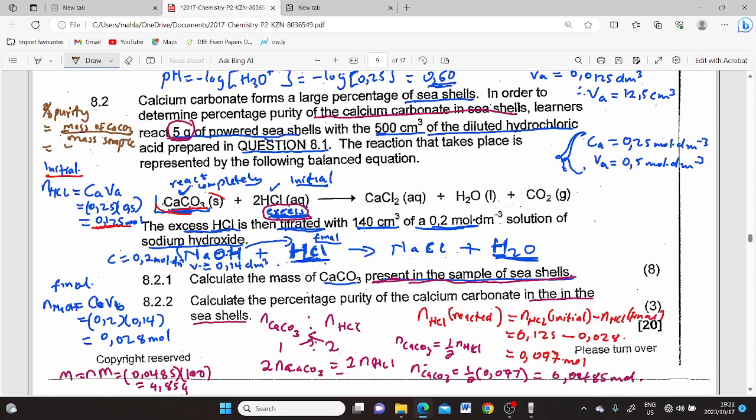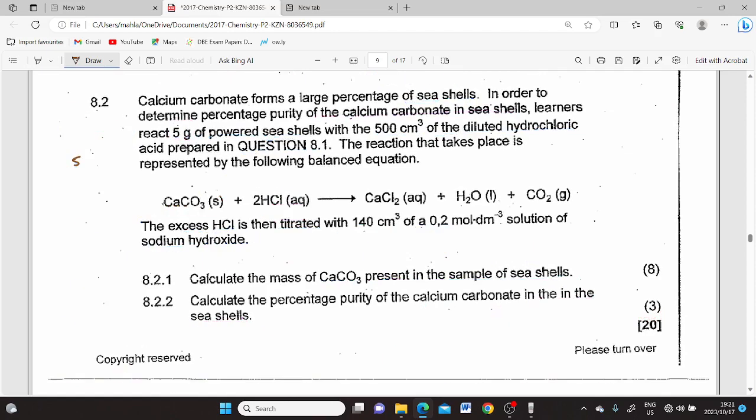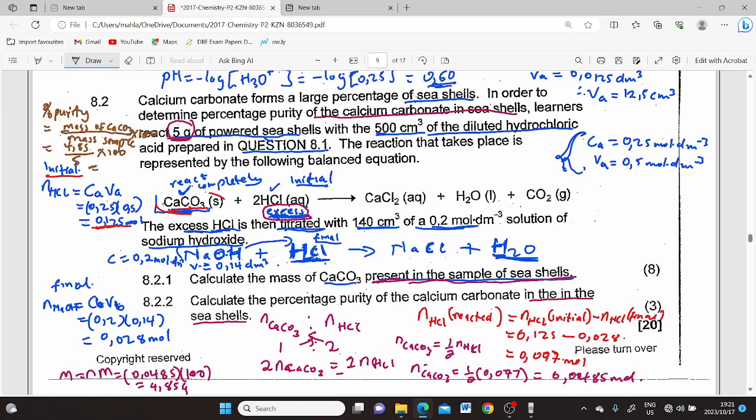So we have 4.85 over 5, and because it's a percentage, we multiply by 100. We get an answer of 97%. That is the percentage purity of the calcium carbonate found in the seashells. So we're done with this question. It was a long question on acids and bases, with lots of calculations.